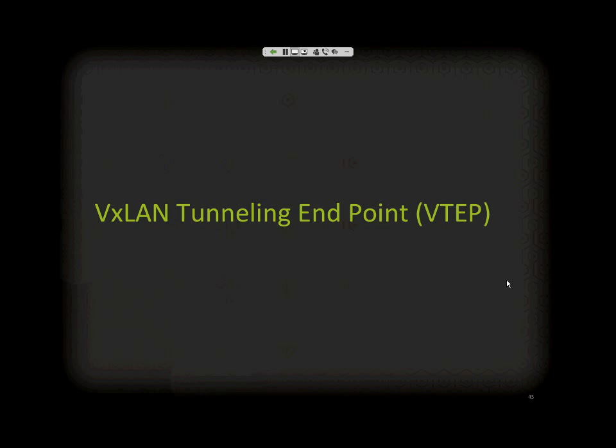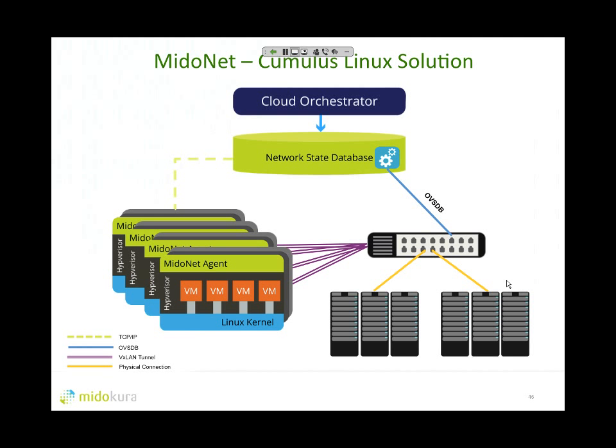Talking a little bit further about one of our features is the VTEP. So as I mentioned, we have some tie-ins with Cumulus and Dell, for example, of the VXLAN gateway on the top of rack. So here, basically, our network state database acts as an OVSDB client talking to the top of rack switch, which is running an OVSDB server, and exchanging MACs to do a VXLAN to VLAN mapping, or a VNI to VLAN mapping, for example.